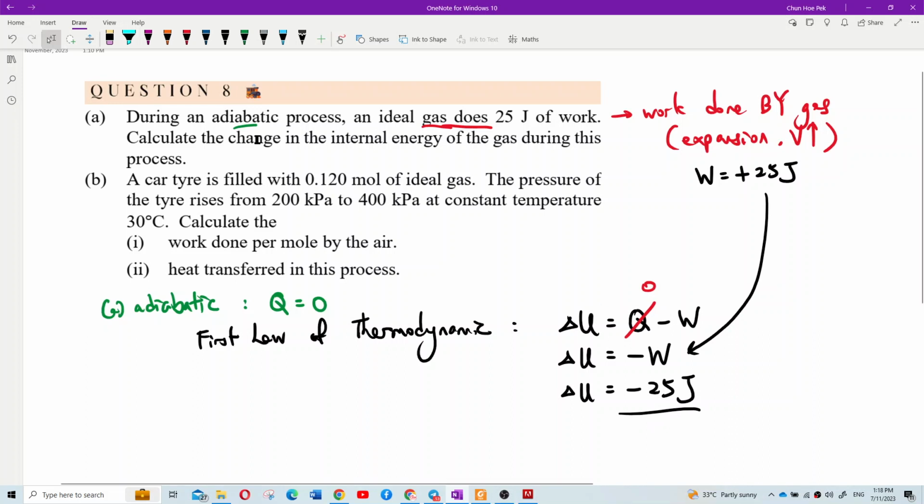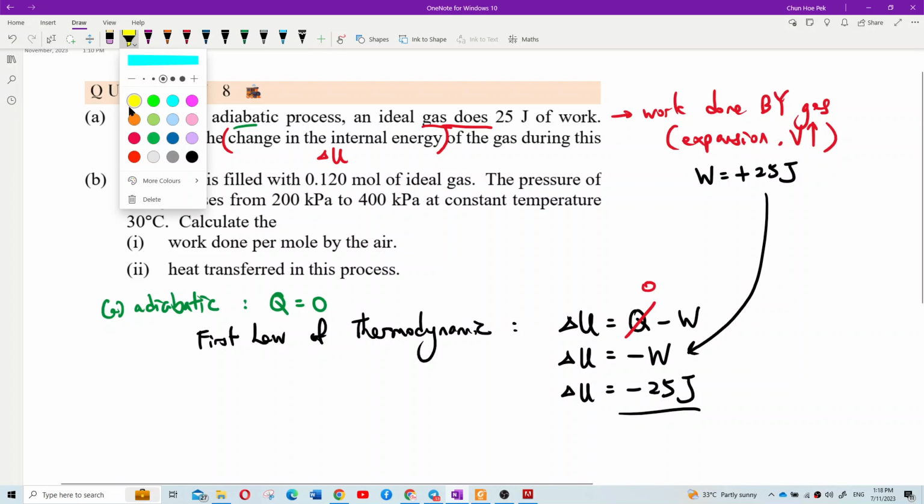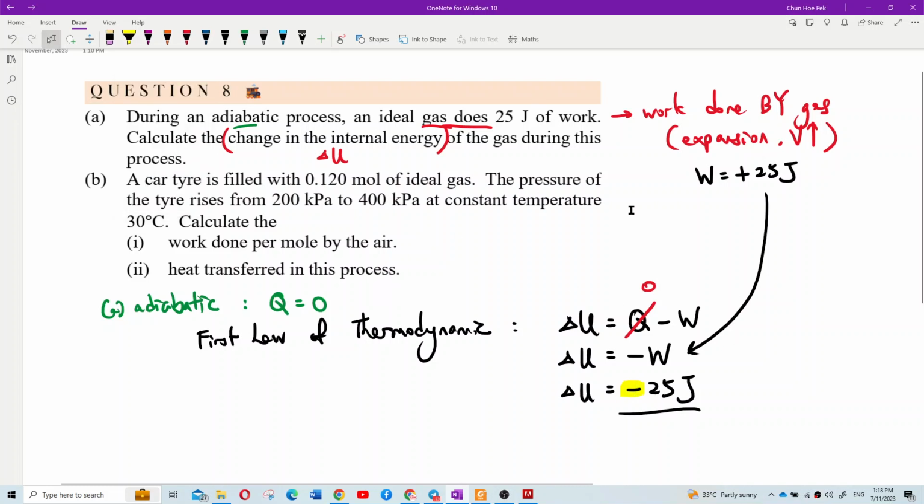So change in internal energy means delta U. Correct or not, class? Delta U. So what happened? The delta U is negative. What does it mean, class? Delta U negative means the internal energy decreases, temperature decreases, becomes colder.